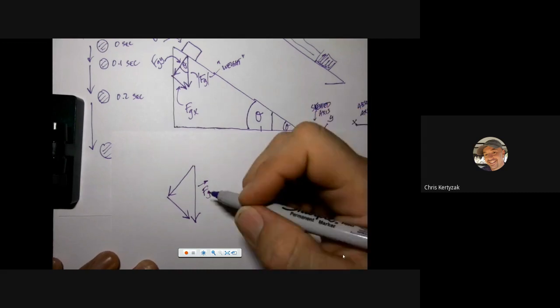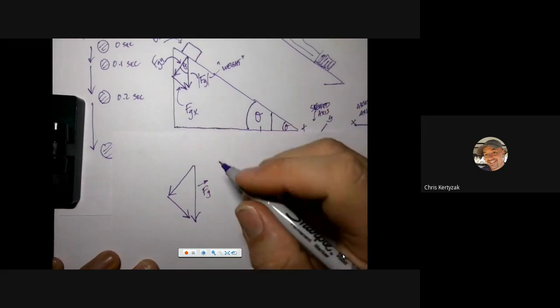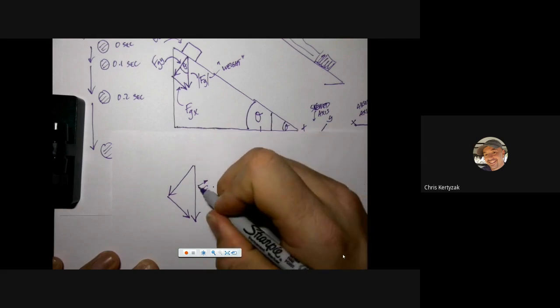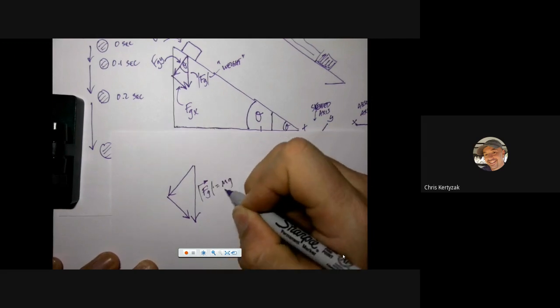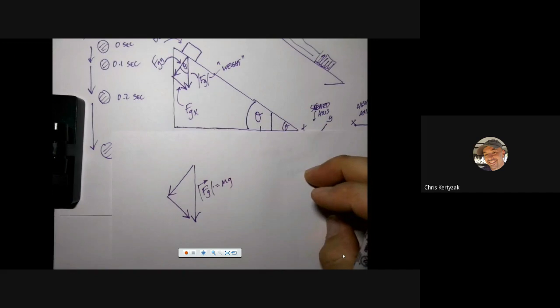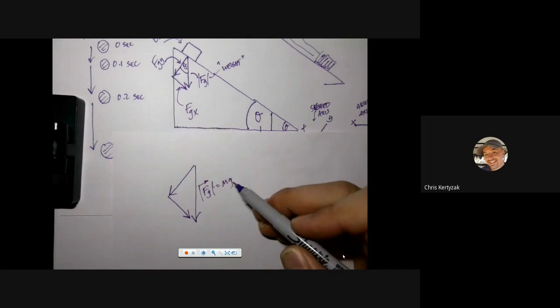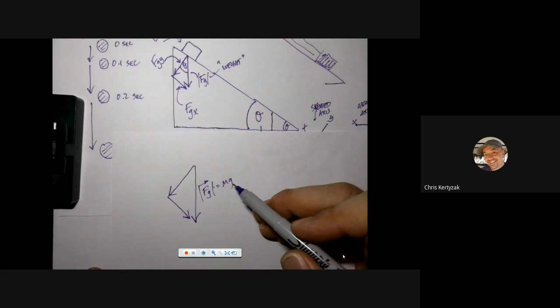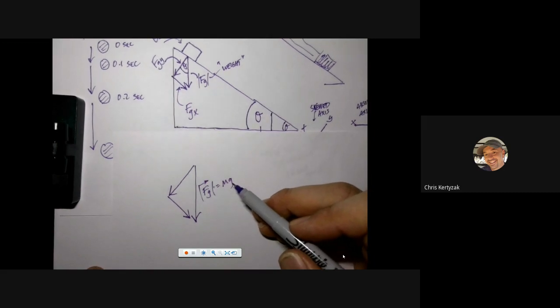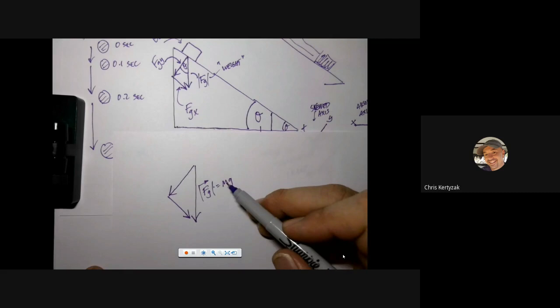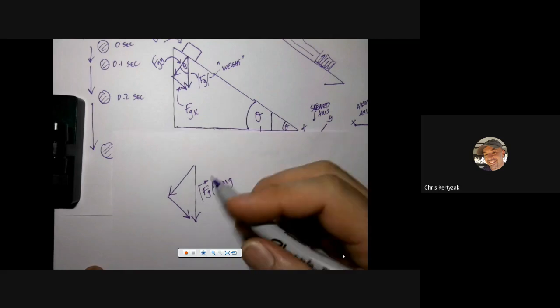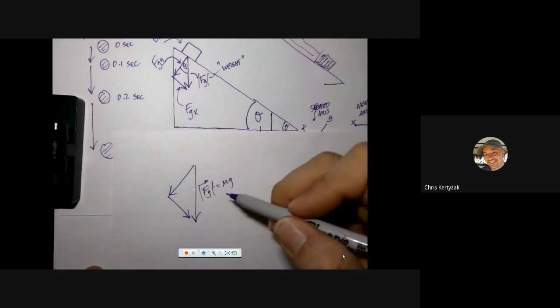The weight of the object, which is equal in magnitude to the product of mass and the acceleration due to Earth's gravity, or any planet's gravity. What you weigh on a planet is equal to the gravitational acceleration on that planet, which varies from planet to planet. It's only 9.8 here on Earth, multiplied by the mass, right? So if someone said, how long is this? It's mg long.